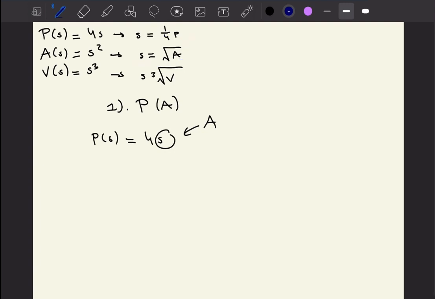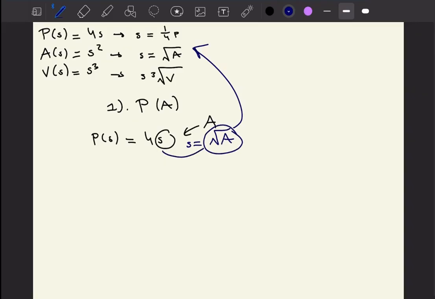So now we know that s is equal to the square root of a. We figured it out right here. And what we can do now is plug this in for s, so this would be equal to 4 square root a. So p in terms of a would be 4 root a, right? That's our first answer. I hope that makes sense.